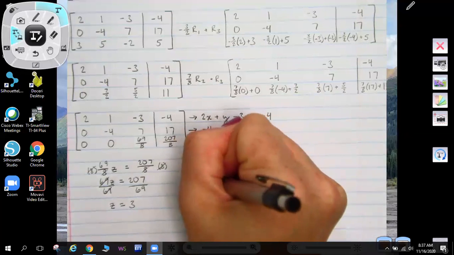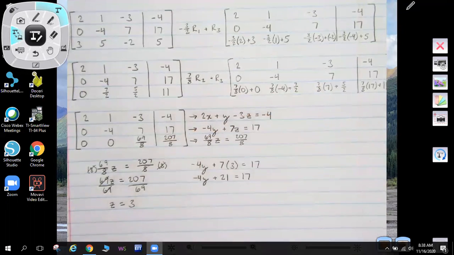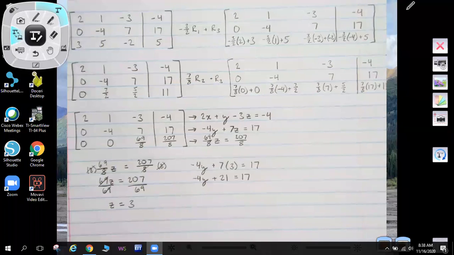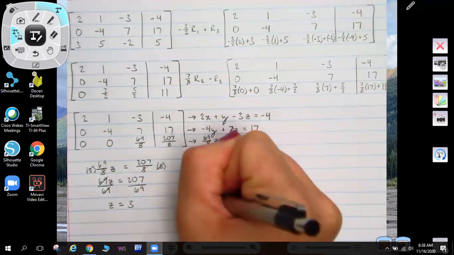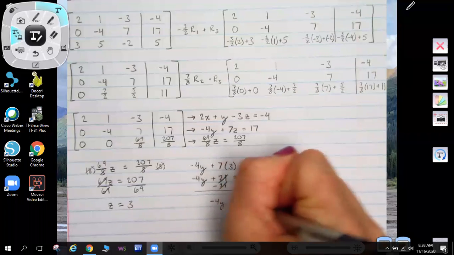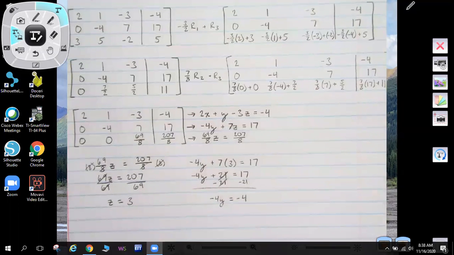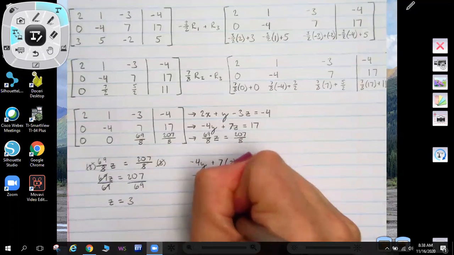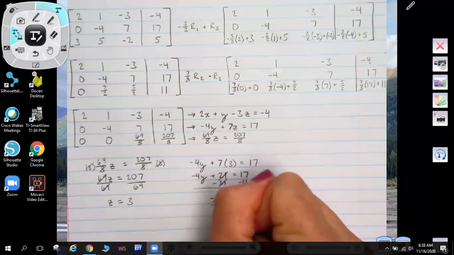Okay, so solve for y. 7 times 3 is 21. Subtract 21 from both sides. 17 minus 21 is negative 4. Divide both sides by negative 4 to get y equals 1.